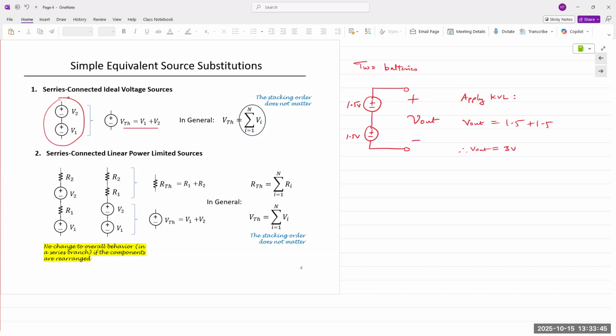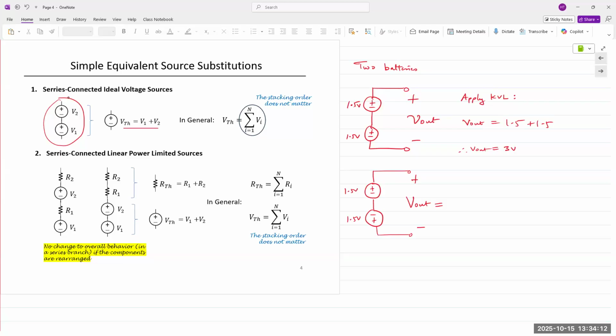However, what would happen if you connect them like this? What is V out in this case? Let's take a pause while you write that down.